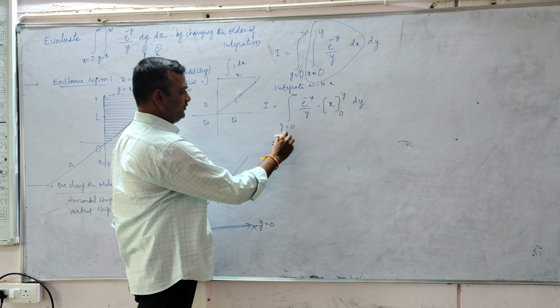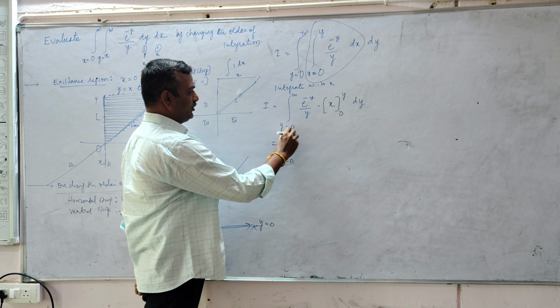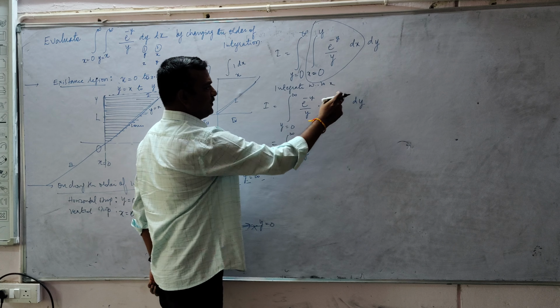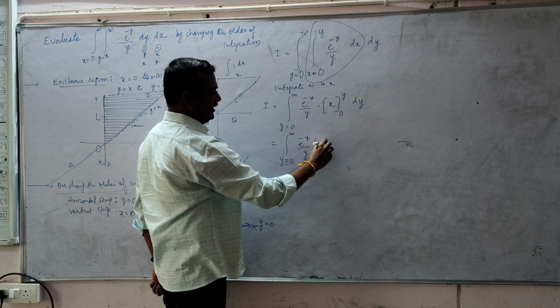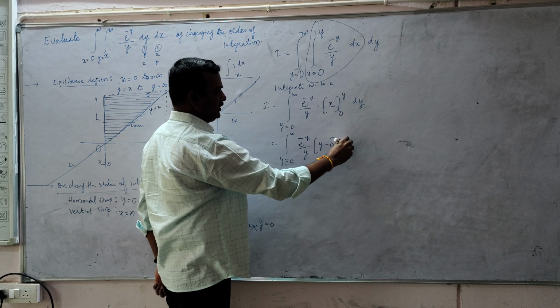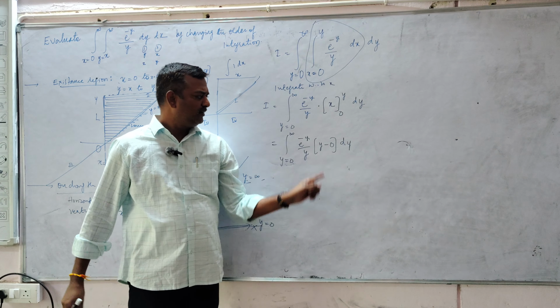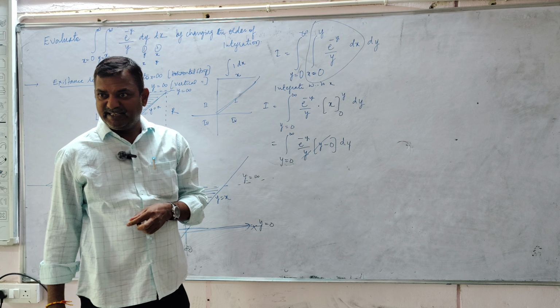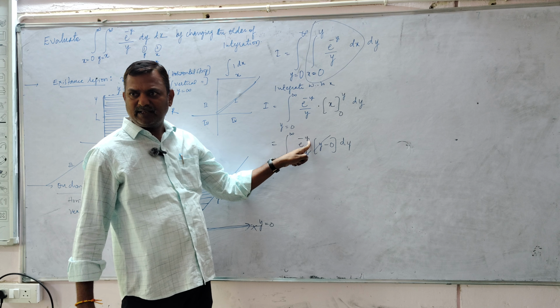Now further, y runs from 0 to infinity, e raised to minus y by y, substitute upper limit y, lower limit 0. Y minus 0 is y. This y and y get cancelled. What is remaining? E raised to minus y.